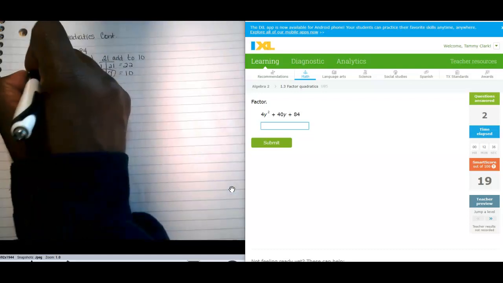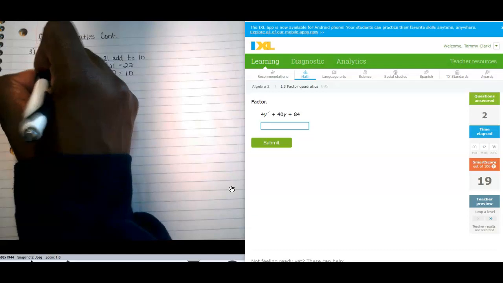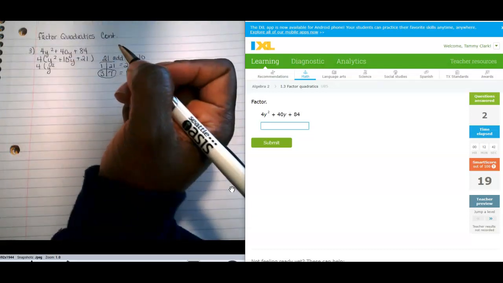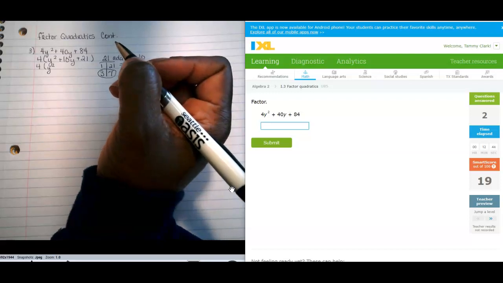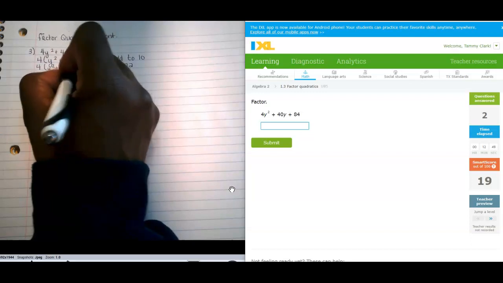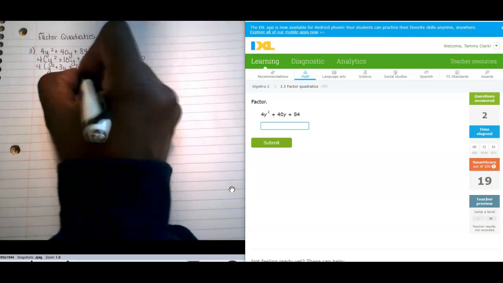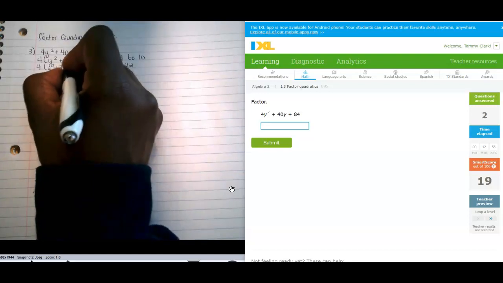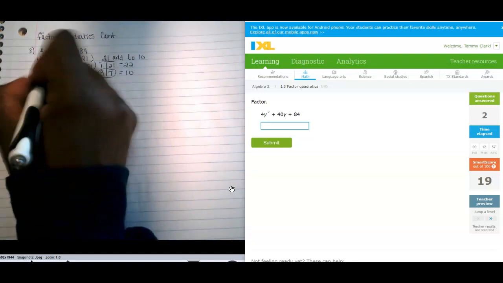So I'm going to bring down my 4, and this time I'm going to write y squared, plus 3y plus 7y plus 21. So I just split this 10y into these two factors.